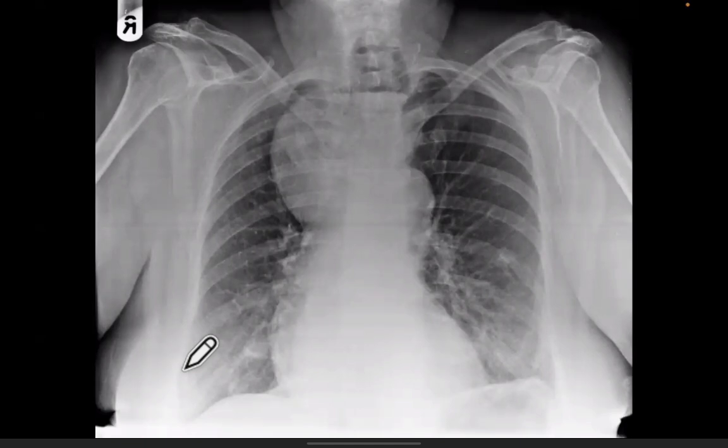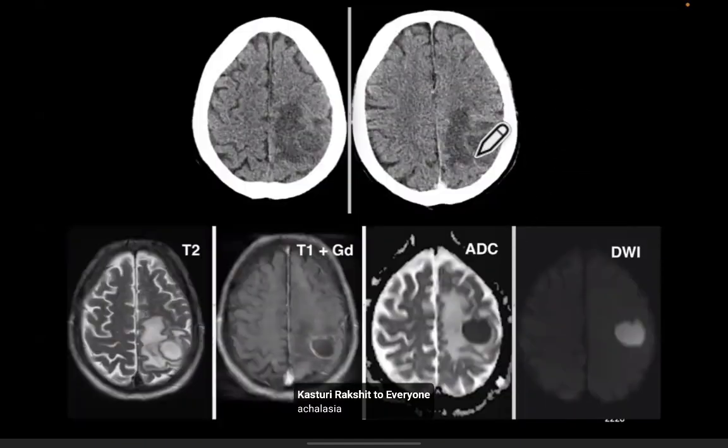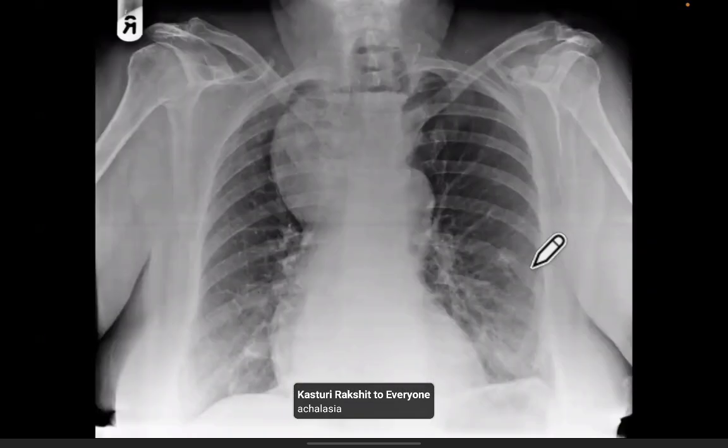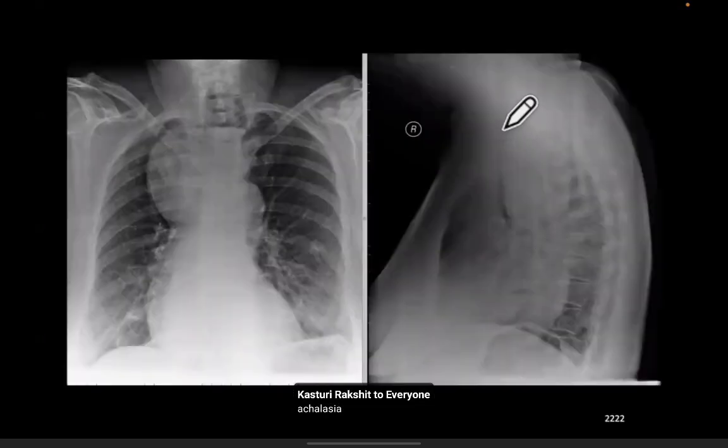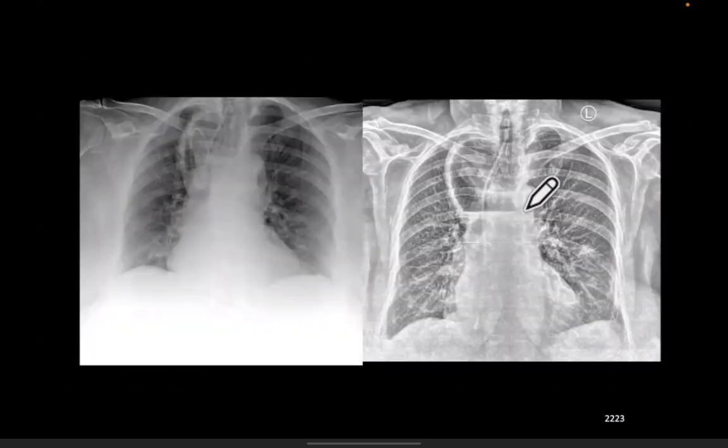Somebody's asked for the diagnosis of the last case. It was a cerebral abscess. There's the lateral of that achalasia, very dilated esophagus with fluid in, and it's pushing the trachea anteriorly.